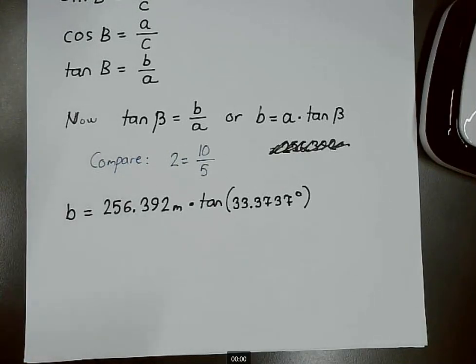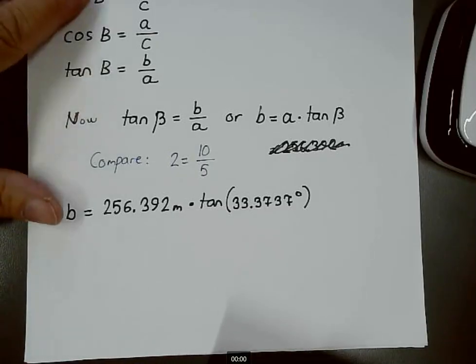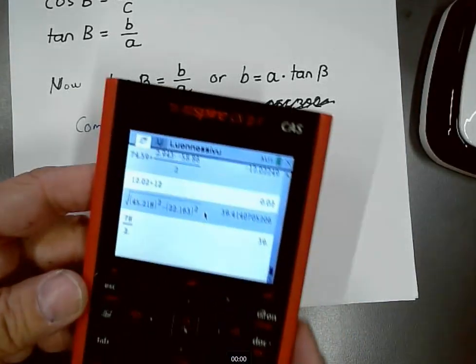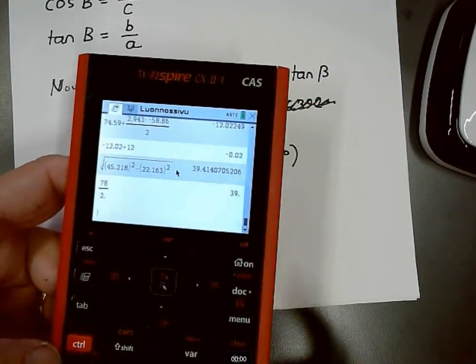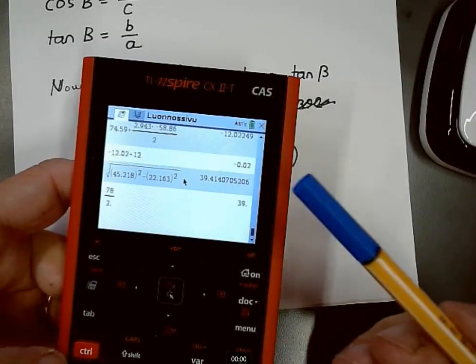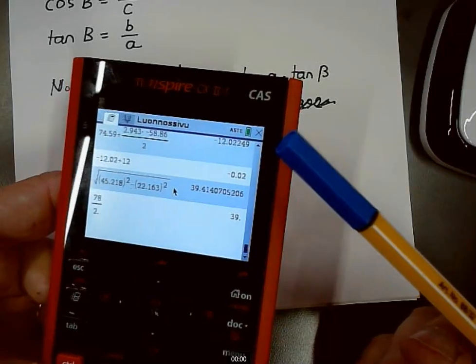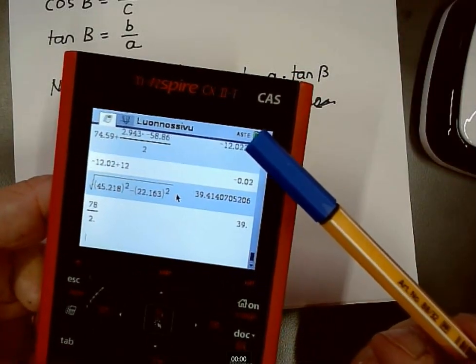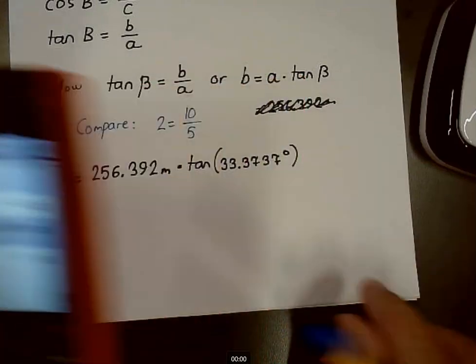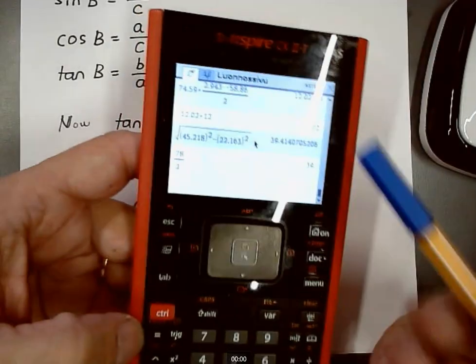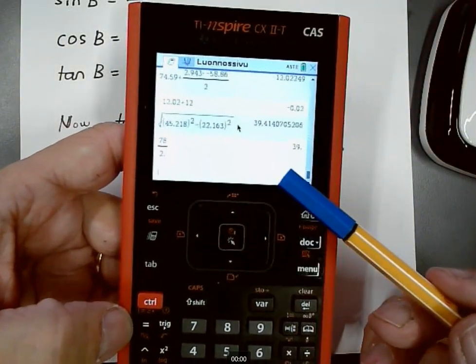One thing when using the calculator is to be sure that you are having correct units in it. For example, this calculator is quite a good calculator, and it is in Finnish language, but here you can see the word aste. As I told, it is degree. So this is in correct units.